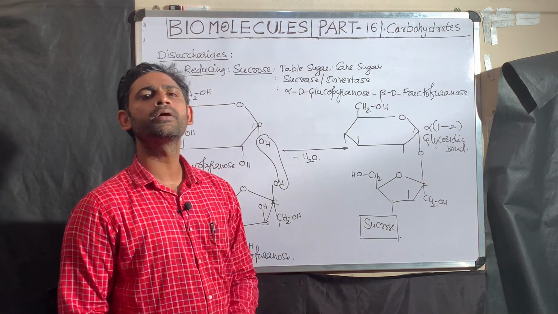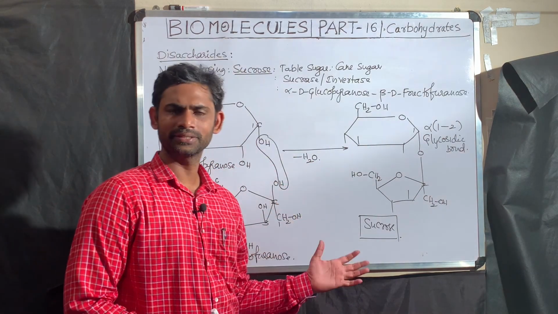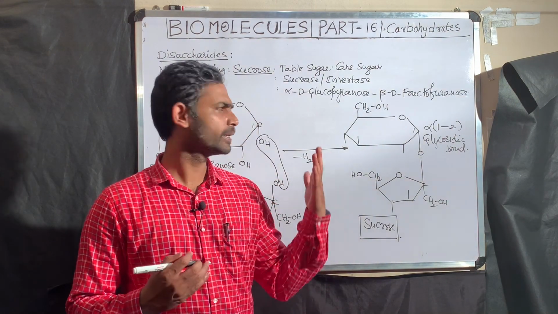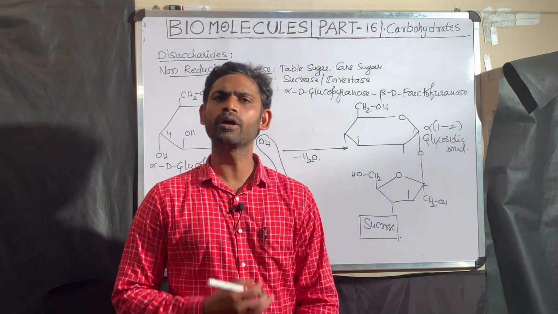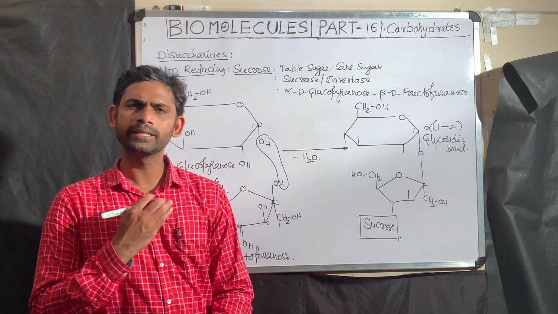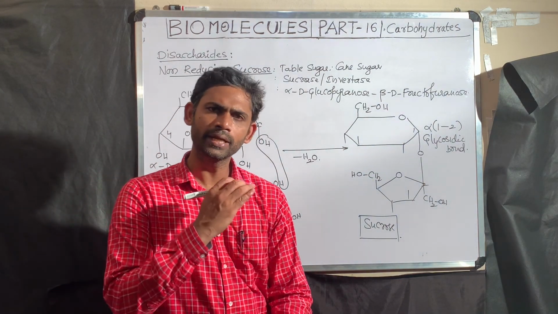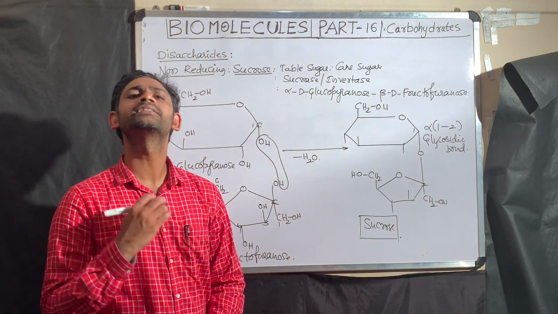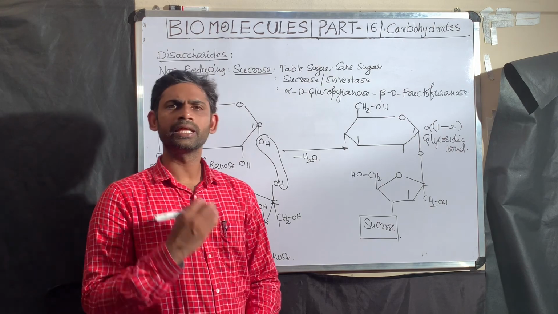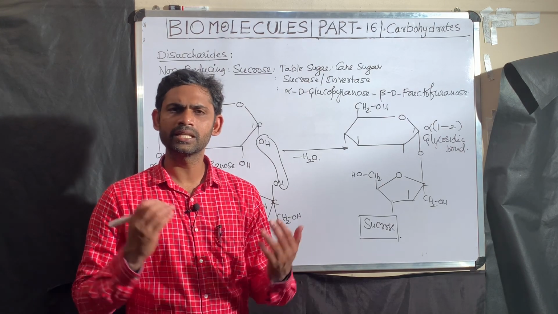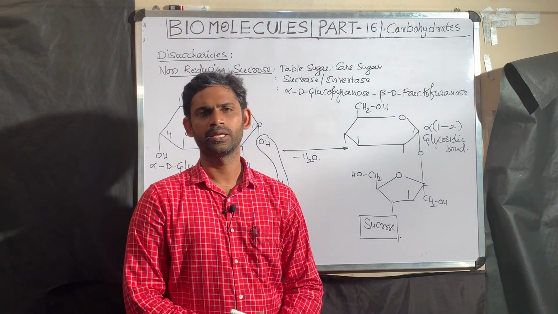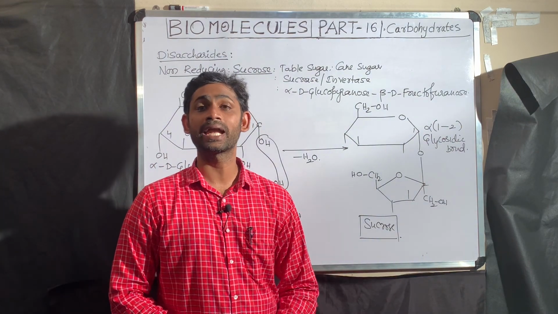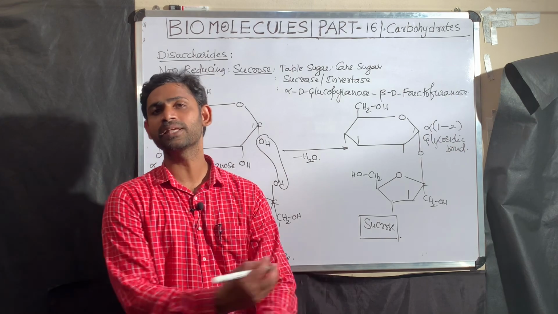Now the very important aspect: why I explained the structure of sucrose, because sucrose belongs to non-reducing or non-reactive sugar. What is the importance of such non-reactive disaccharides in the biological system? It is very simple. In plants, the storing form is starch. But starch cannot move from one place to another place in the plant. Why? Because starch is a very complex structure.